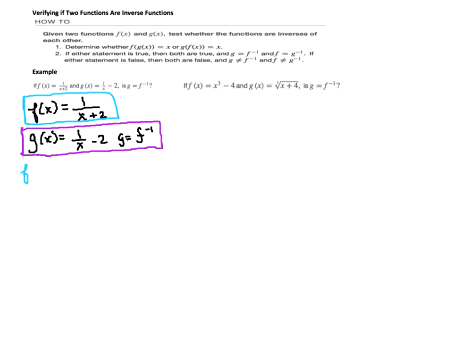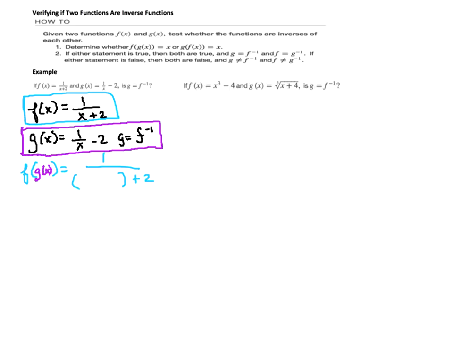Okay, so the first composition that we want to give a try is f of g of x, or f composed with g of x. So our f is our shell function in this case, which is 1 over something plus 2.